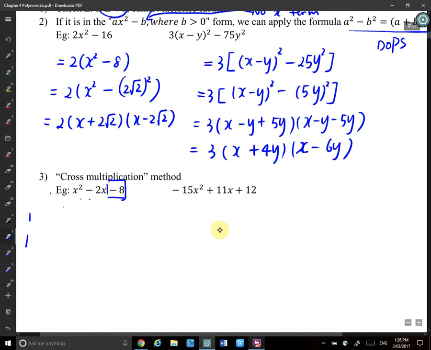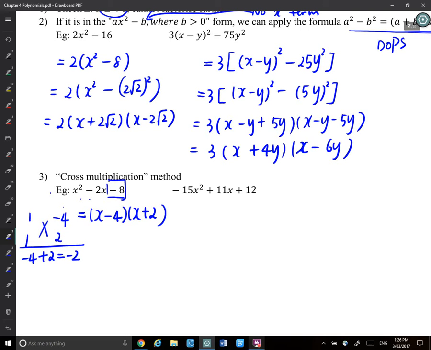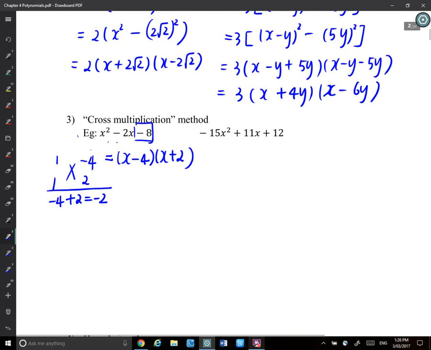So I need a negative 2: negative 4 plus 2 will give you negative 2. So I will have x minus 4 and x plus 2. That's really easy because I can see the cross factors added together give you the middle term. I can directly factorize in this way.